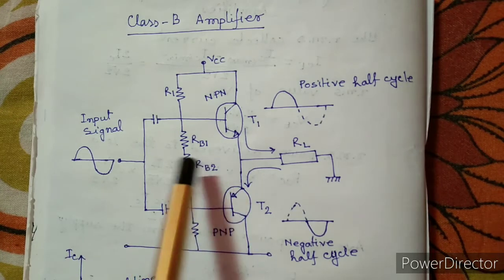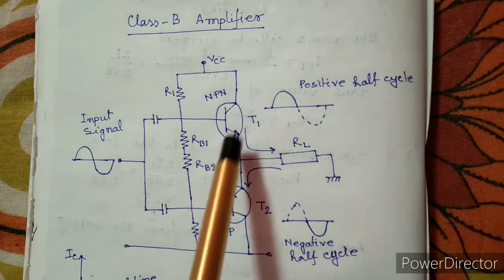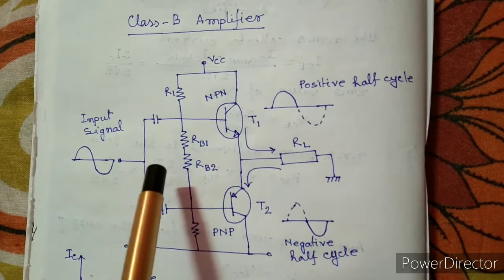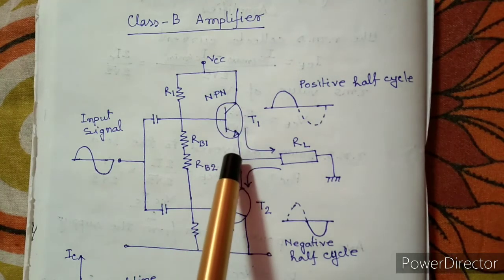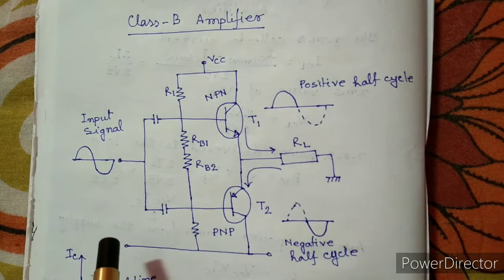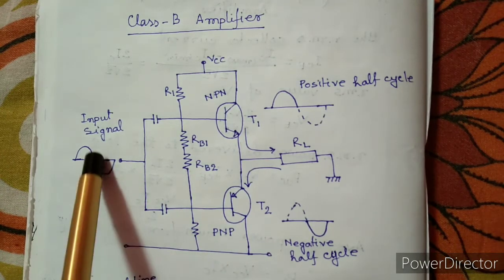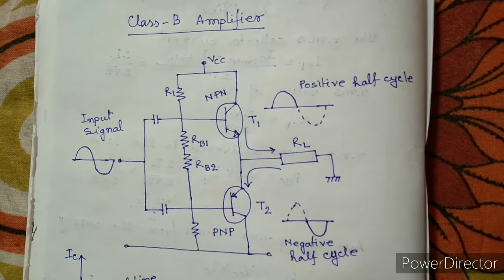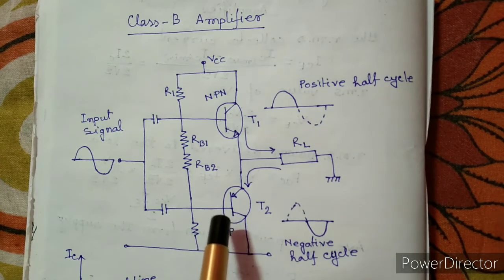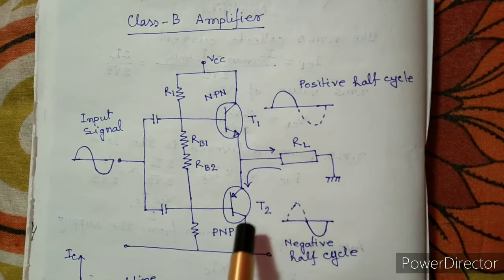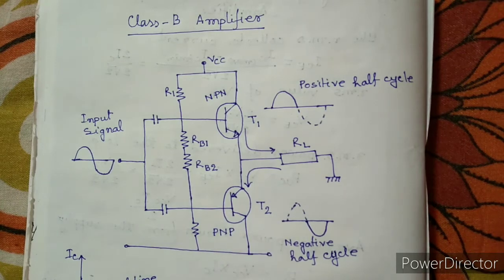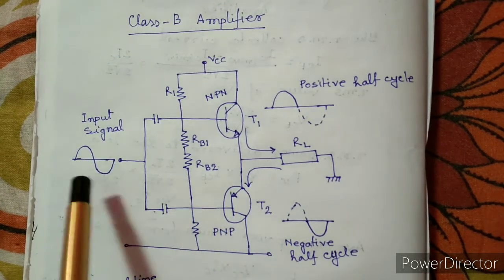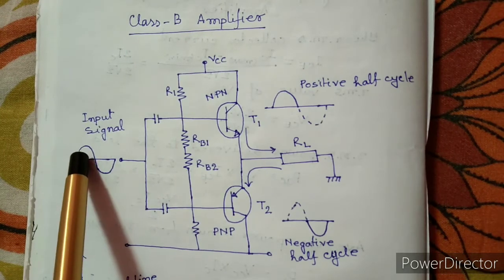Only during the positive half cycle the transistor T1 will be on and the collector current will flow for the positive half cycle of the input, and during the negative half cycle the transistor T1 will be off and T2 transistor will be on, and during that time we will get the output and IC2 current will flow through transistor 2.